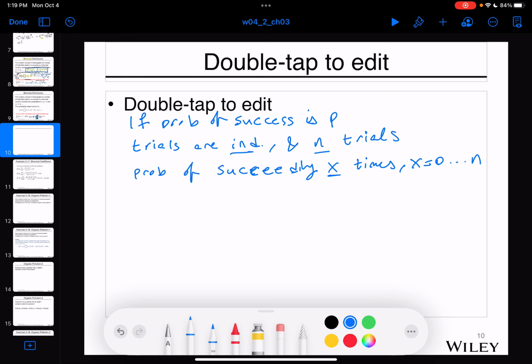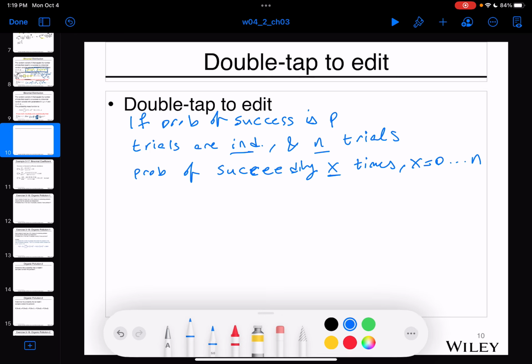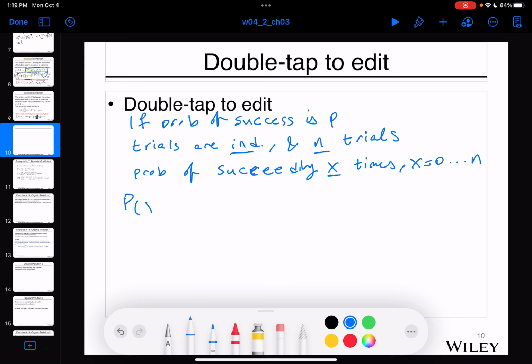So we said that this is the binomial distribution, and the probability of x is n choose x times p to the power x times 1 minus p to the power n minus x, right? That's the binomial distribution, right?